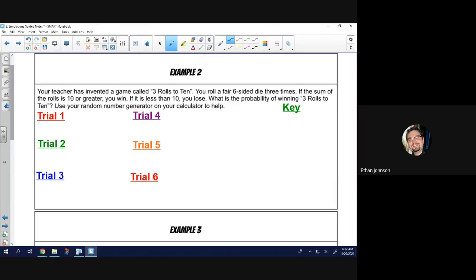So once again, we need a key. So what numbers can we use? In this case, what we're talking about is a 6-sided die. So on a 6-sided die, the numbers that we have are 1 through 6 are rolls.